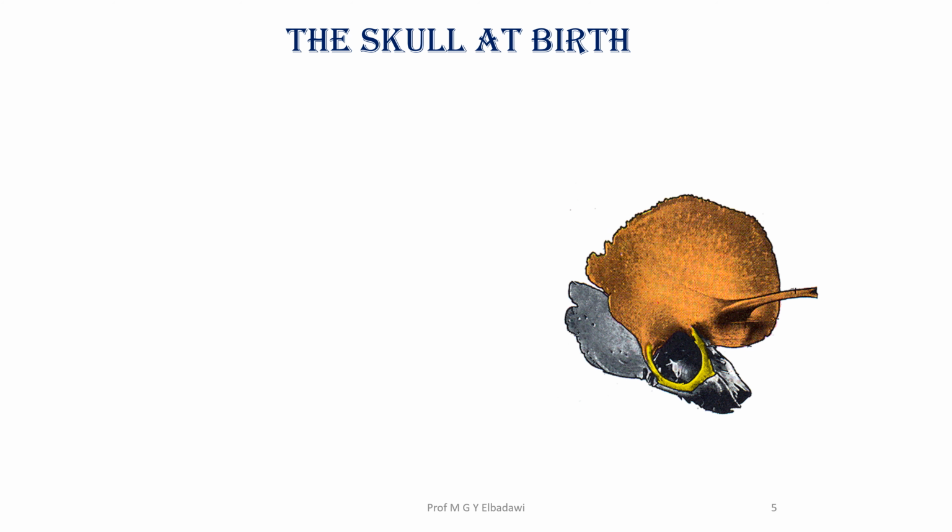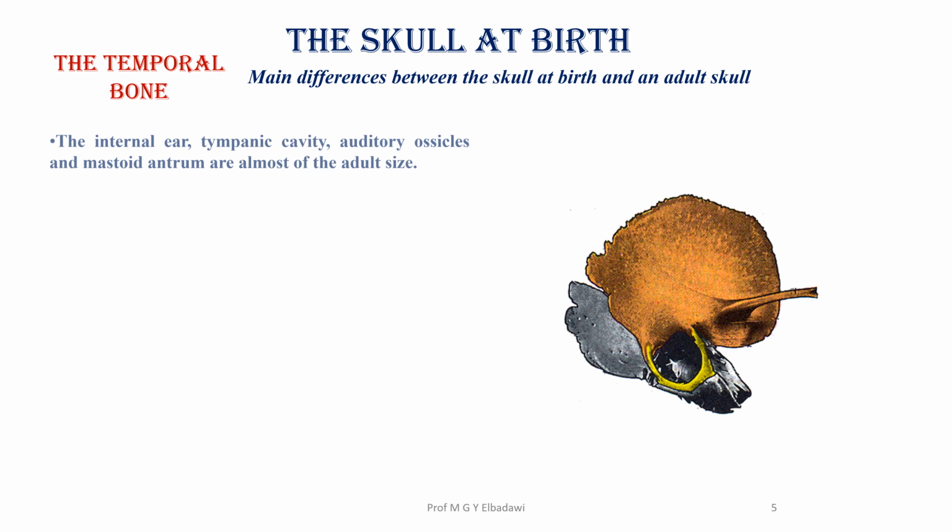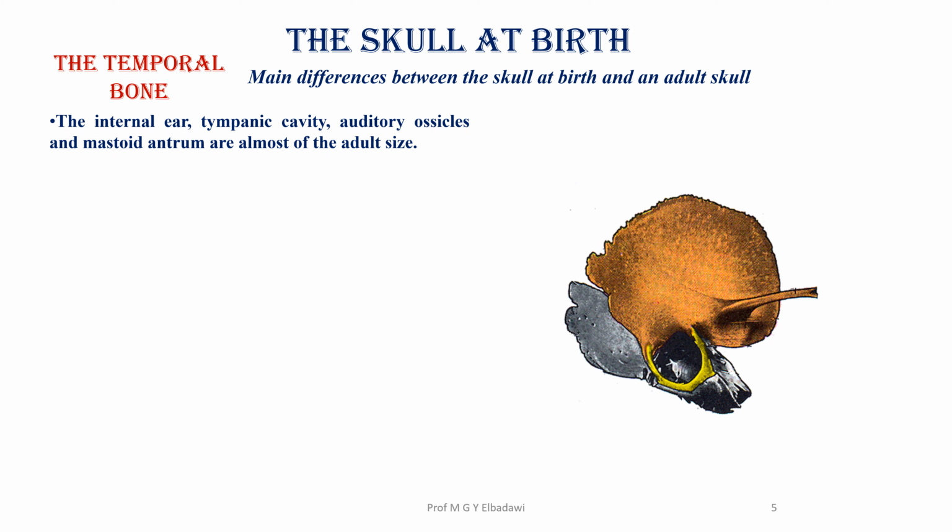One of the major bones which shows difference between the skull at birth and the adult is the temporal bone. Here you will find the internal ear, the tympanic cavity, the auditory ossicles, and the mastoid antrum.